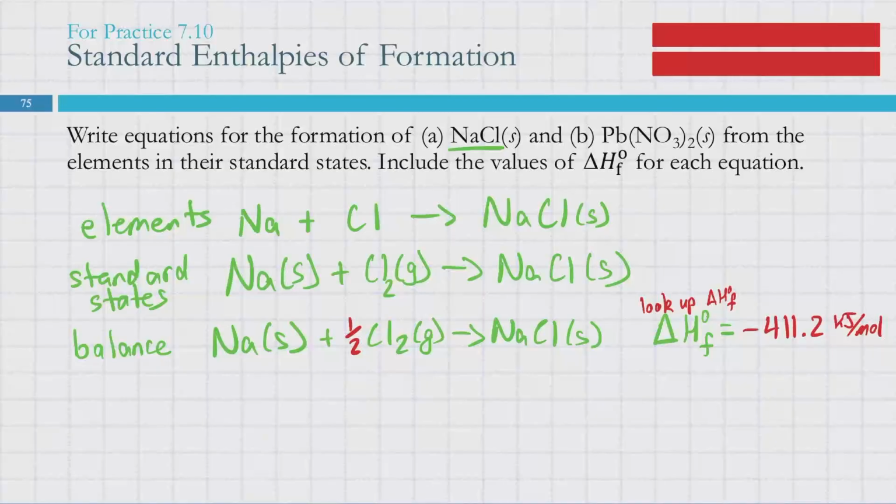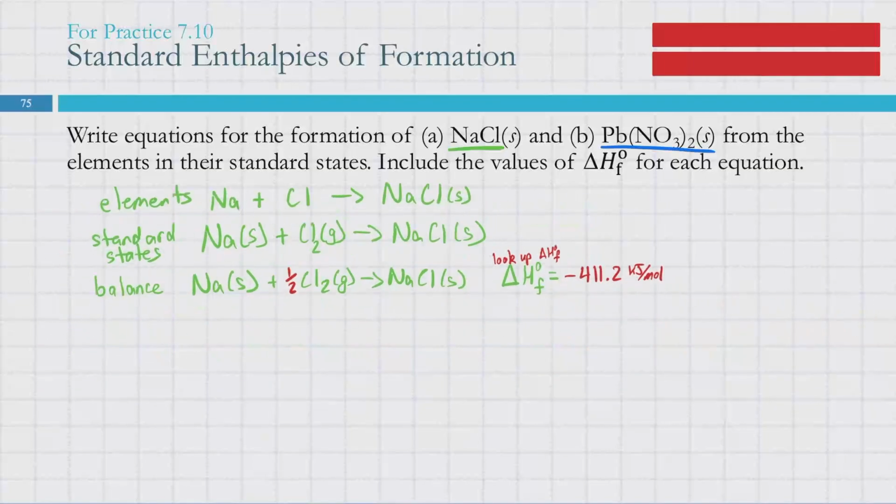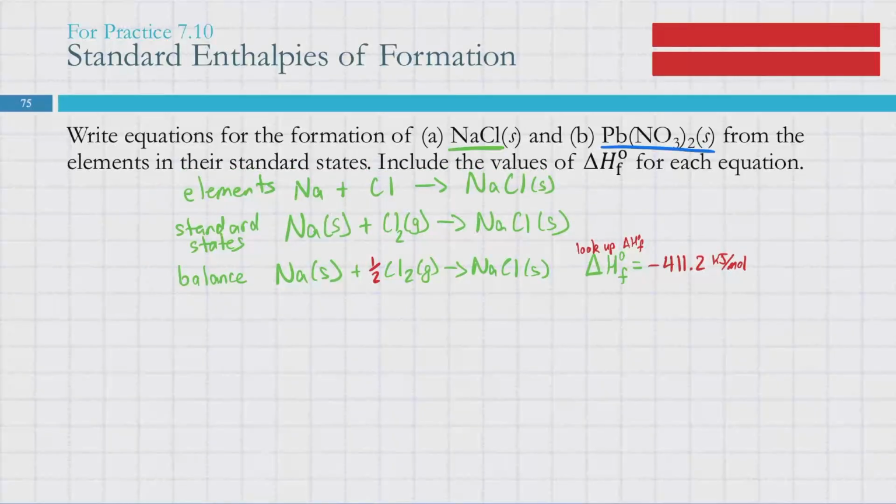All right, we also have our lead 2 nitrate. So for lead 2 nitrate, let me shrink down this other problem. What elements do we have in lead 2 nitrate?